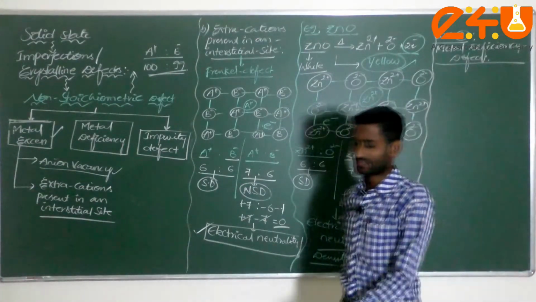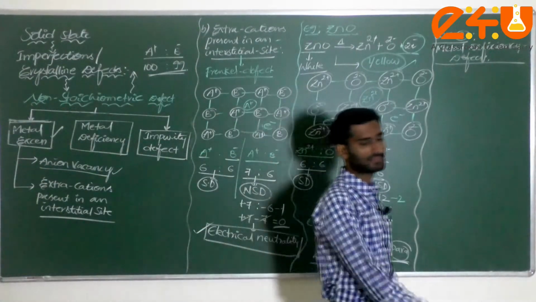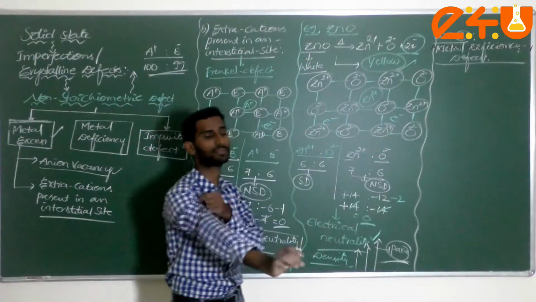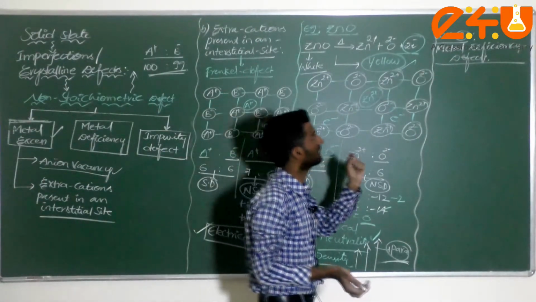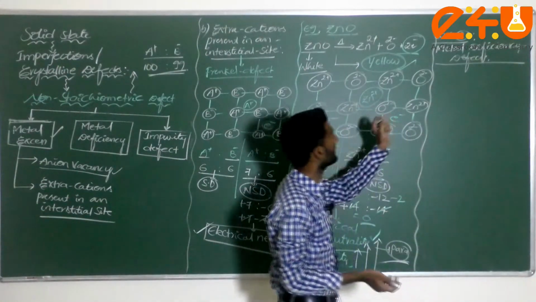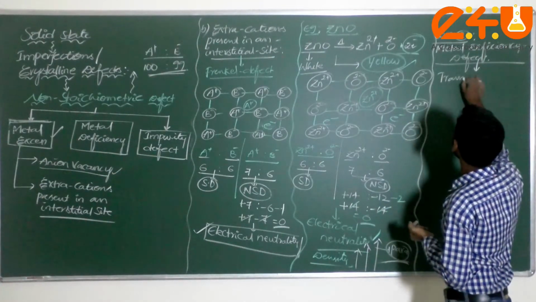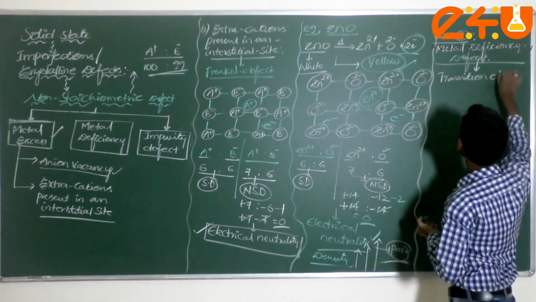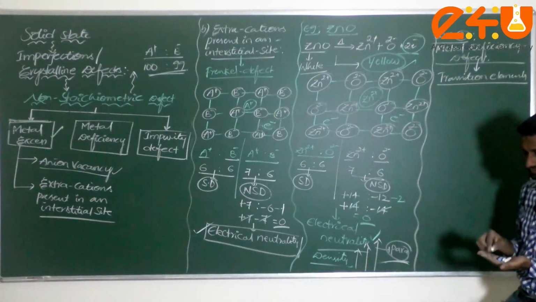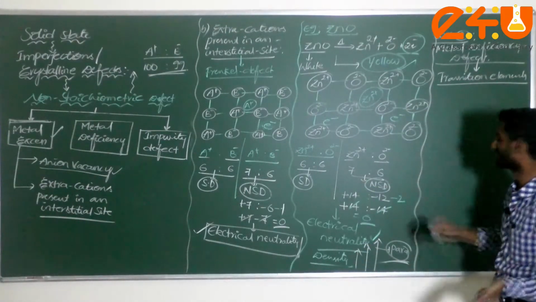In metal deficiency defect, dear student, this defect arises due to fewer number of metals. That means it is mainly applicable for what type of elements, dear student? Transition elements.